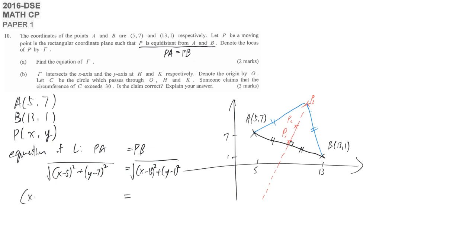So we have (x minus 5) squared plus (y minus 7) squared. Then after that, you may need to expand it very carefully.